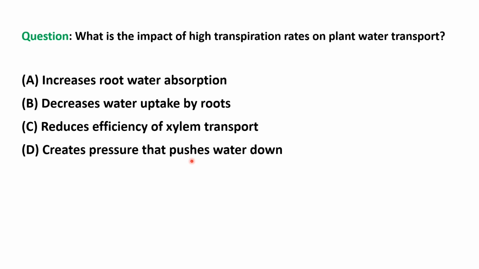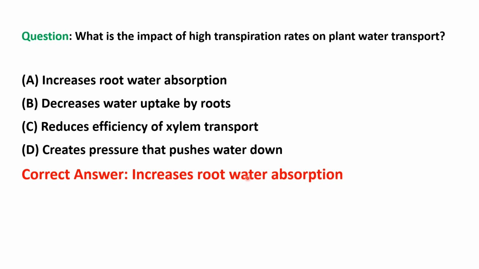So we are looking for the impact of high transpiration rates on plant water transport. So the impact of high transpiration rate on plant water transport is that it increases root water absorption. So this is our correct answer, which is option A, increases root water absorption. So this is the correct answer.